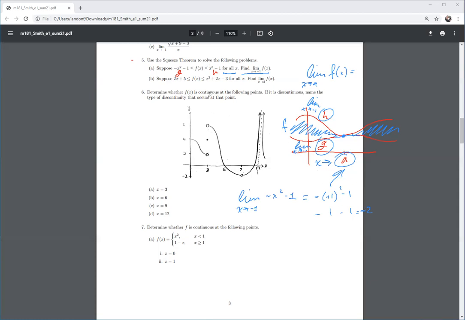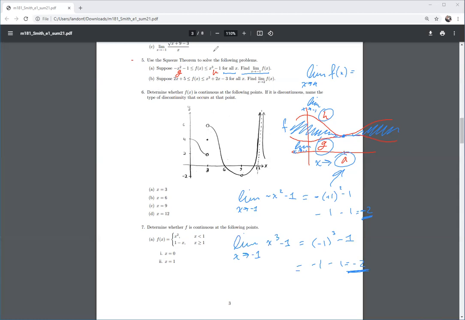Okay, so let's verify the other one does the same. All right, so we plug in -1. You have to remember when you have a cube or an odd power, the negative remains, so it stays there. So it's going to be -1, -1, again -2. And there we have -2 and -2, and these are the same thing.